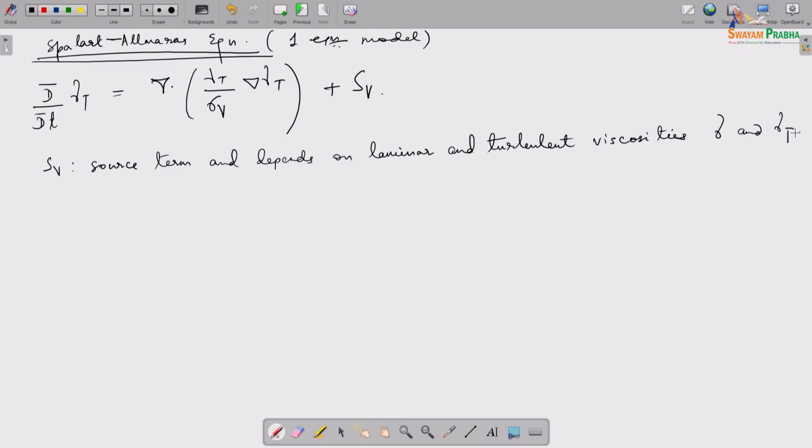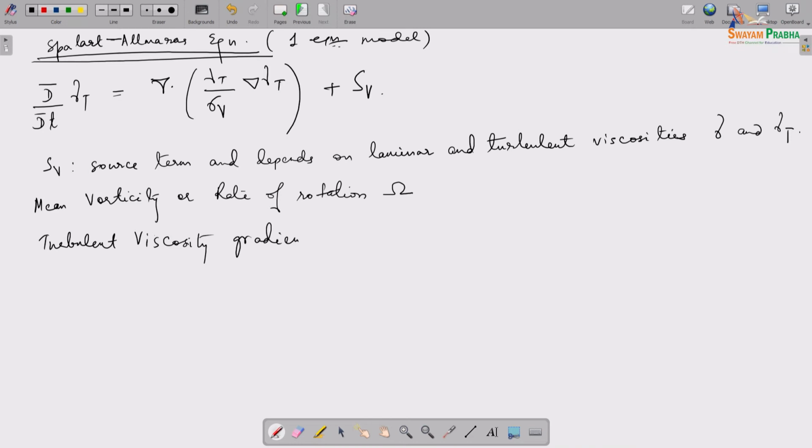Now, mean vorticity, or rate of rotation, right, turbulent viscosity gradient, right, and distance of the nearest wall.